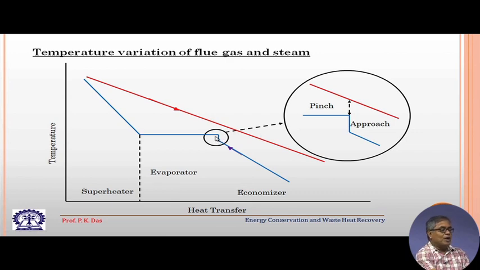With that small amount of subcooling, it will go to the evaporator, and that small amount of subcooling is called the approach. So, this approach and pinch are very important for the practical design of an HRSG, and we are going to explain them in some slide later on.